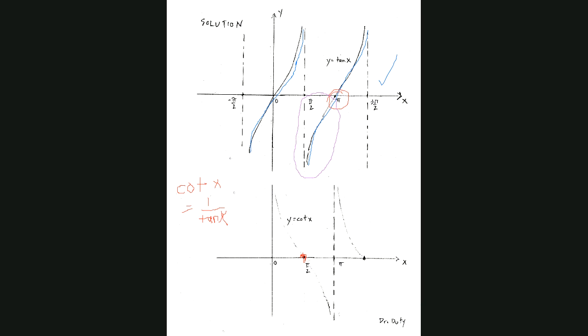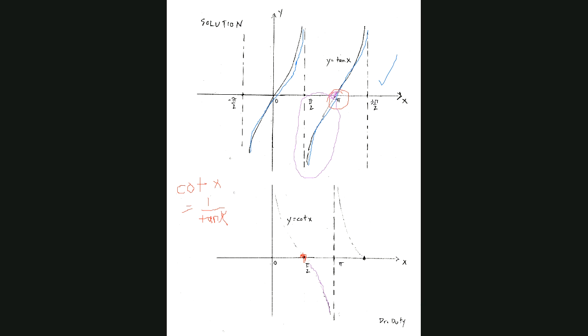Well, that means the cotangent would also be negative from pi over 2 to pi, because the cotangent is 1 over the tangent. But as x approaches pi, the tangent function approaches 0 right here. Well, that means the cotangent would have to approach negative infinity.